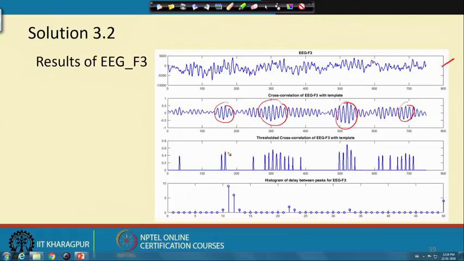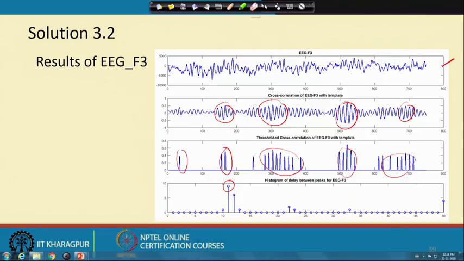And once we threshold it, we get the minor occurrences also, and when they are very close occurrences, that helps us to get the delays. So, with respect to that, we are getting the maximum value here, and corresponding to that we have calculated the frequency. Okay.